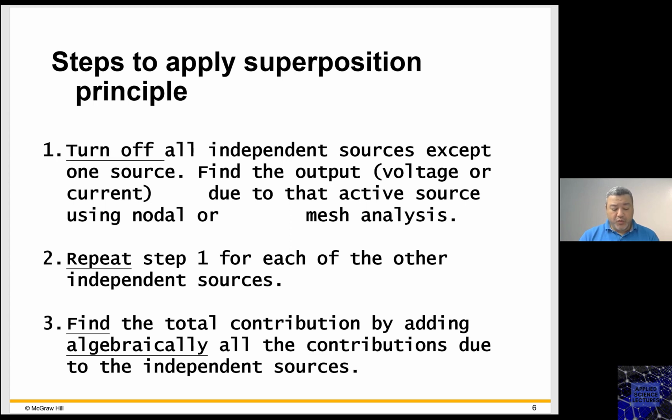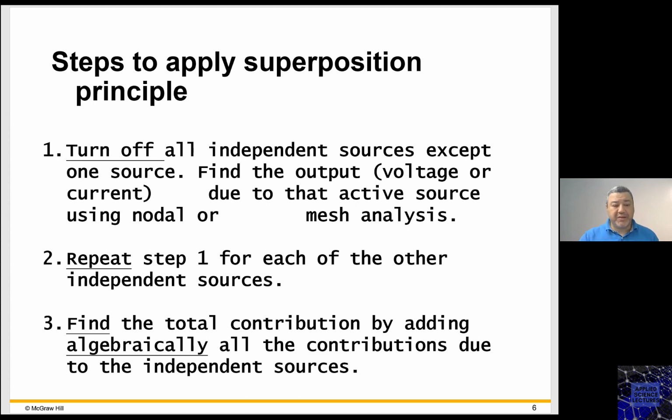Again, we turn off all independent sources except for one source. We calculate the voltage or the current due to the existing dependent source and one independent source using any technique you want. You can use mesh, you can use nodal analysis.